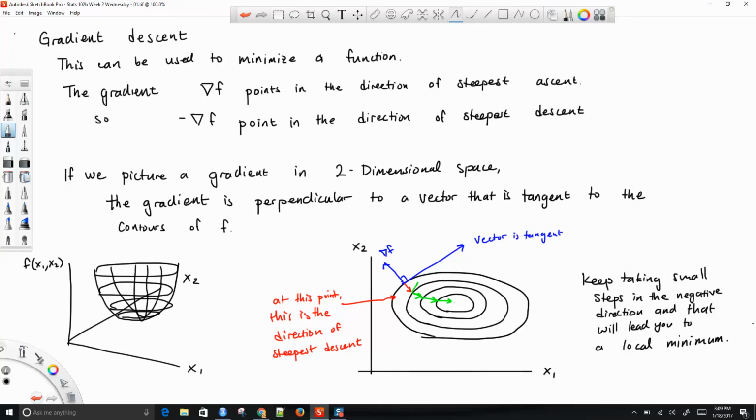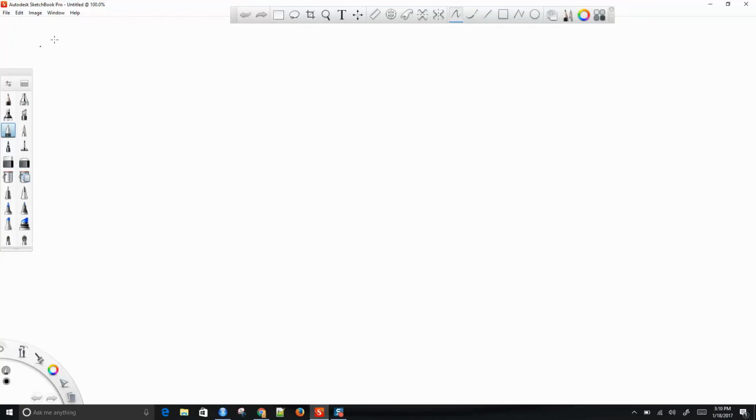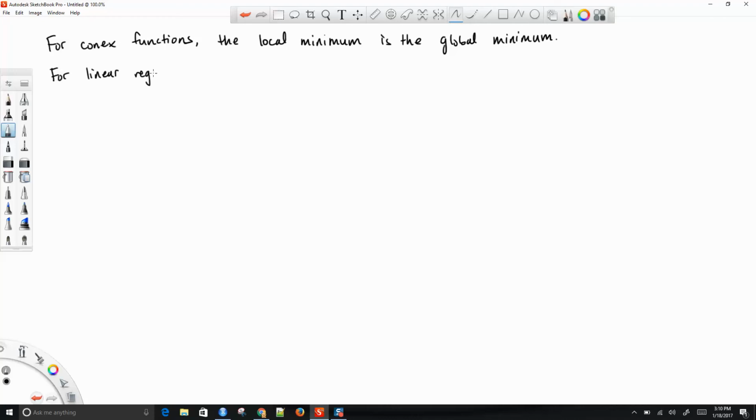So for linear regression, we have a convex function, which is the sum of squared residuals, or the average squared residual.